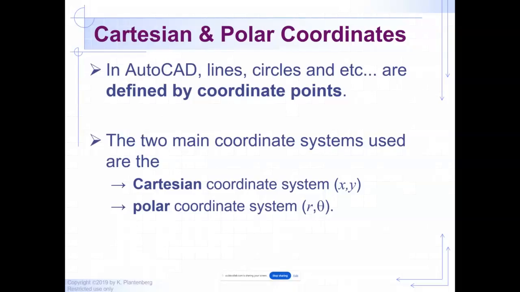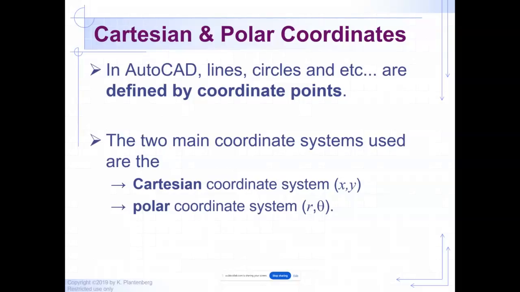Or distance and an angle, if you will, is really the way I look at it. But polar is what? Anytime you say polar, you're dealing with a circle. Polar means circle, in our context, at least.